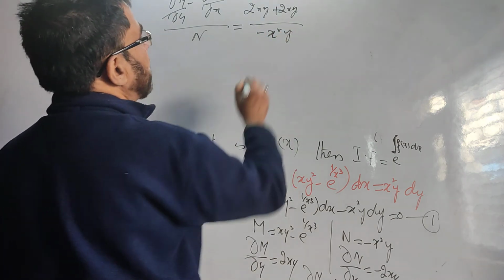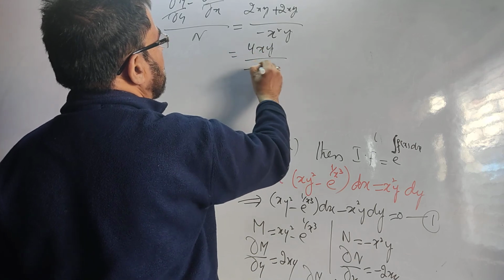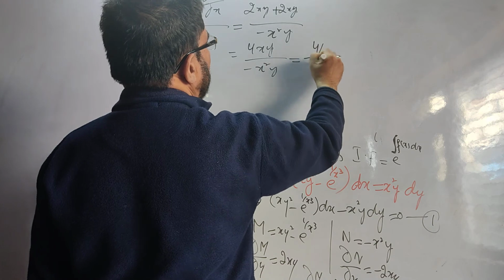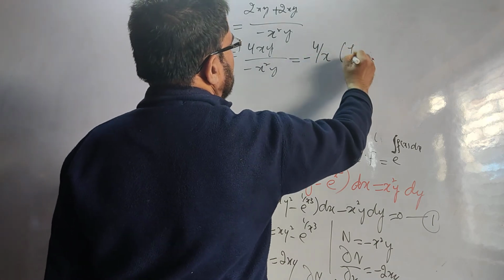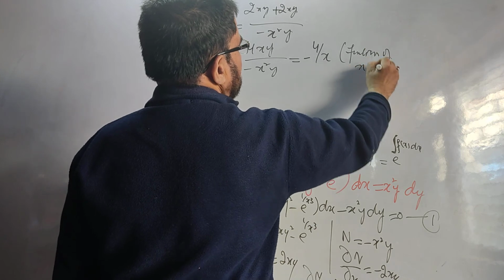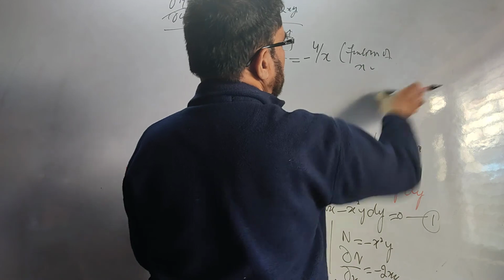Do you follow? So this gives 4xy by minus x square y, which gives minus 4 by x. It is a function of x alone.